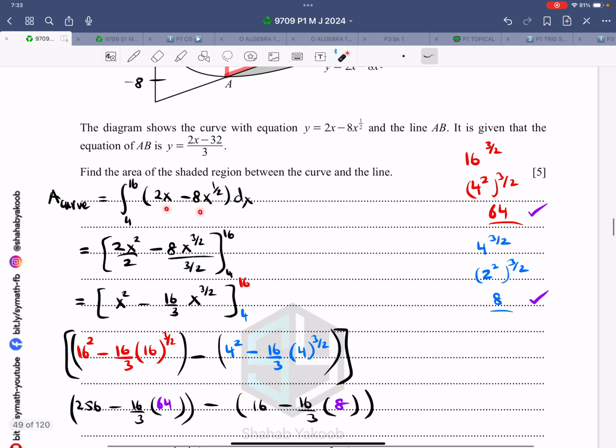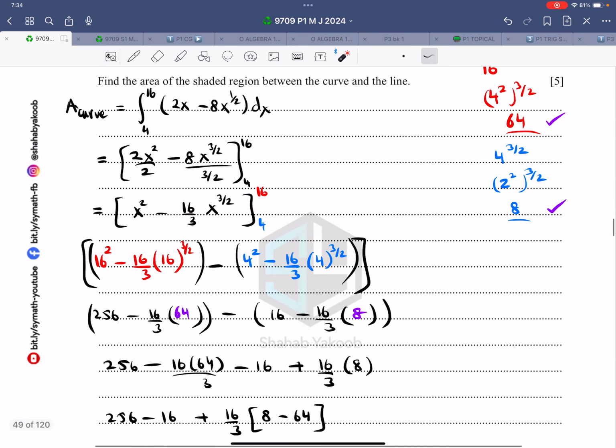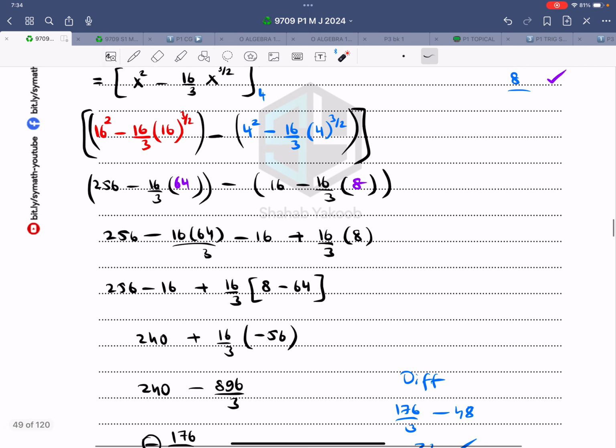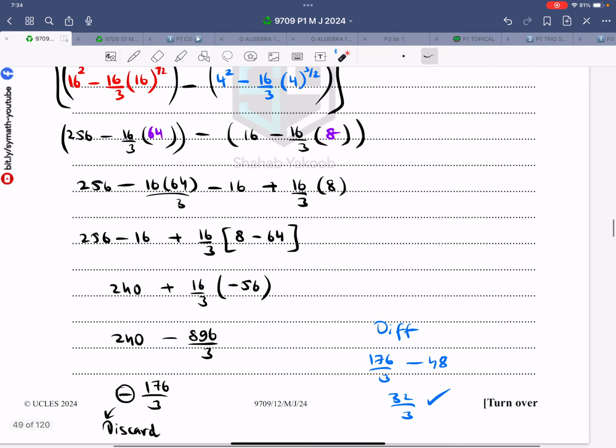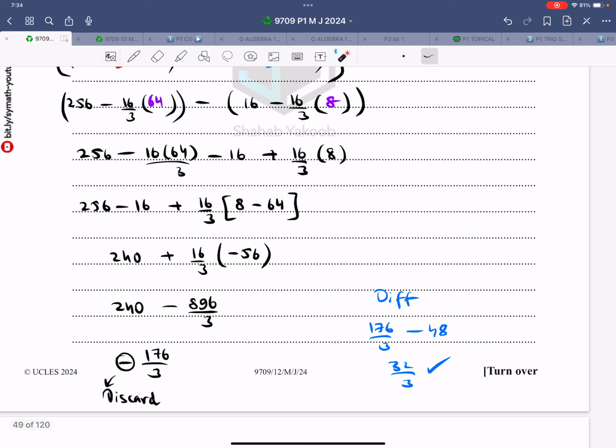So now integration process, individual term integration, raise the power by 1, divide by the new power, simplify, plug in the limits, upper limit goes in first, lower limit goes in next, negative sign in the middle. Now it's a lot of fractions and all these things. Use calculator as much as possible, simplify, and I get this answer as 176/3.